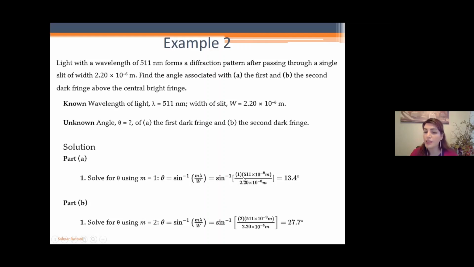For the first dark fringe above the bright center, m is equal to 1. If you replace it here, you get the angle to be 13.4 degrees, and for the second fringe, you put m equals 2, and you get 27 degrees.